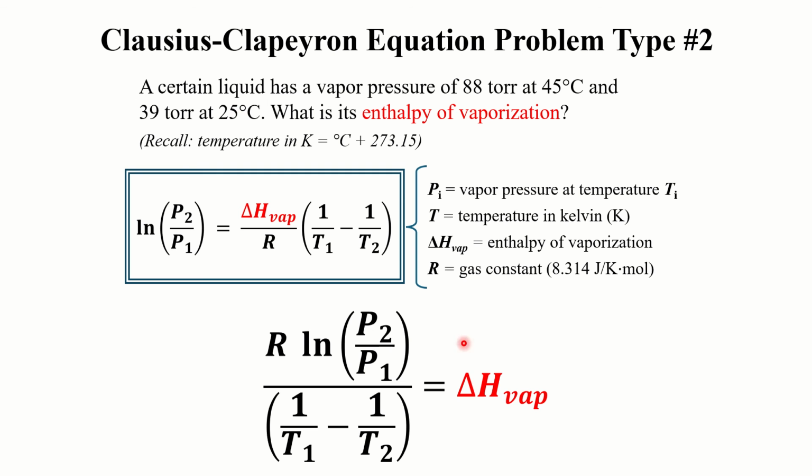Just convert it to Kelvin and plug it in right there. So go ahead and pause the video and see if you can solve for the correct answer here. All right, the correct answer on this one, you should have gotten something near 32.1 kilojoules per mole.